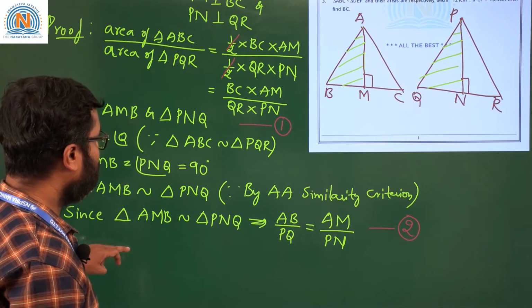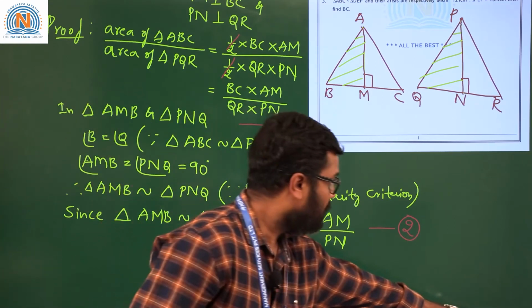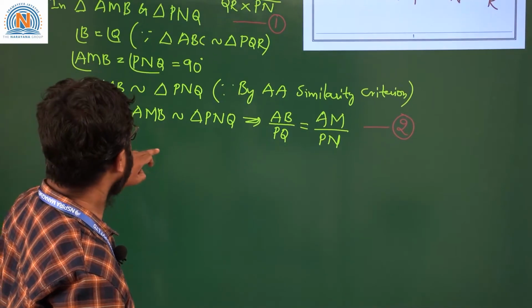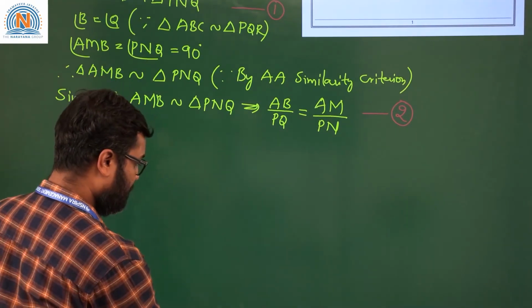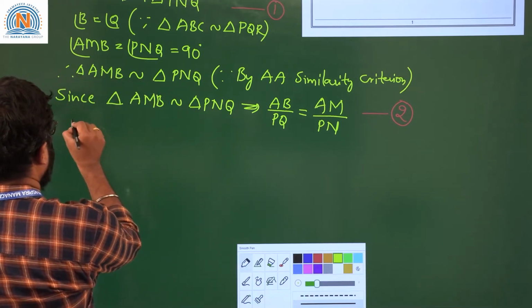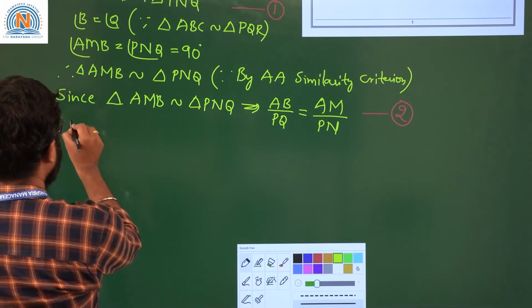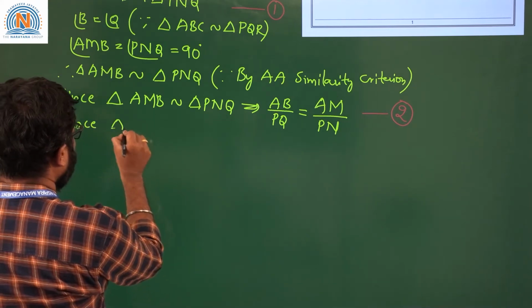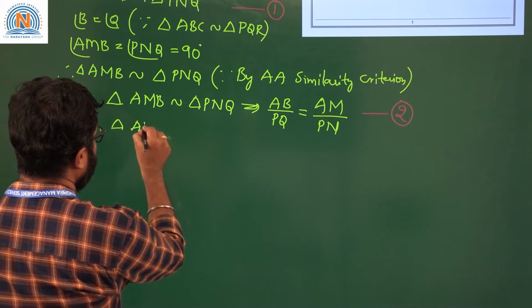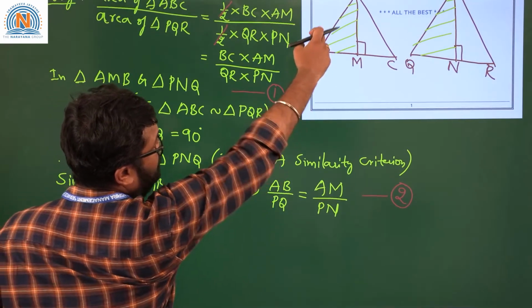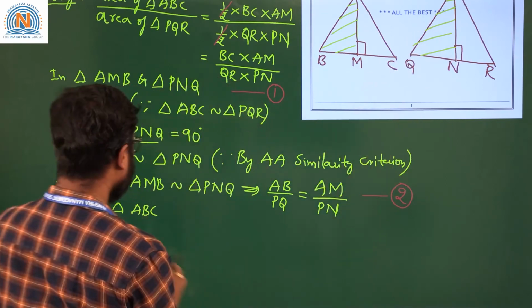Now if you go further, see children here, now since triangle ABC, these two triangles are similar to each other.